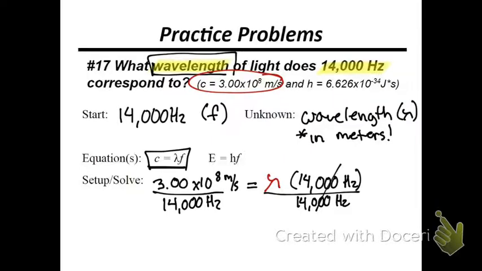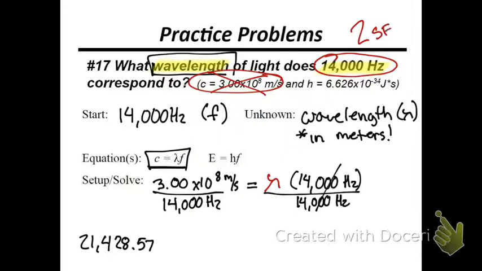The raw number that you should get from your calculator is 21,428.57, etc. We started with 2 sig figs. You would not pay attention to the constant because constants have an infinite number of sig figs, and we want to round according to the lowest number. 14,000 has 2 sig figs.